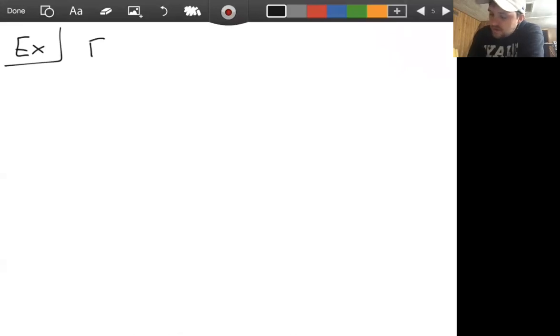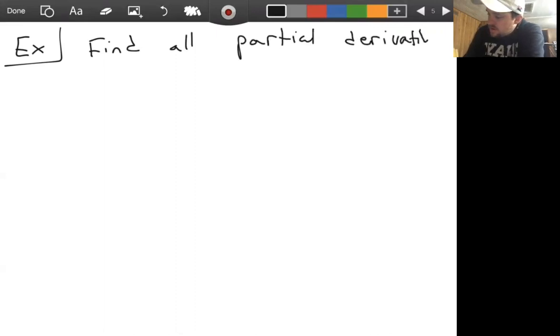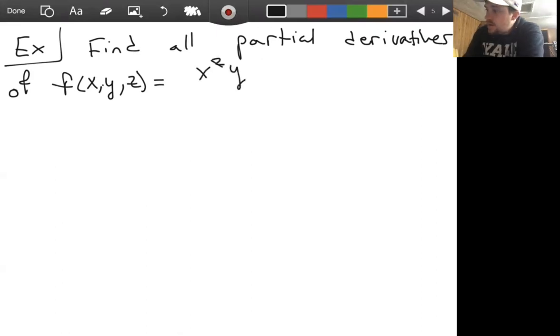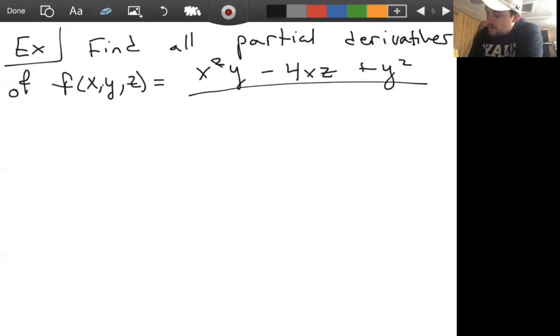Let's find all partial derivatives of f of x, y, z is the function (x squared y minus 4xz plus y squared) all over (x minus 3yz).